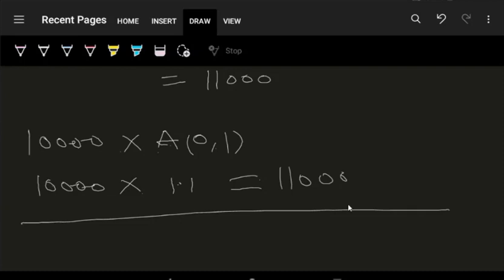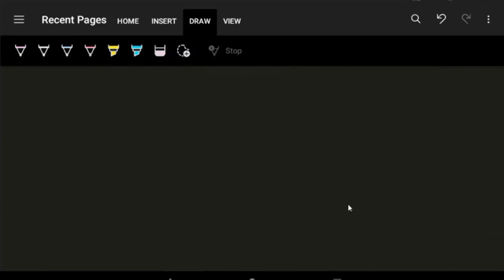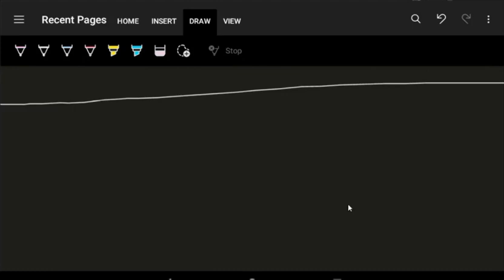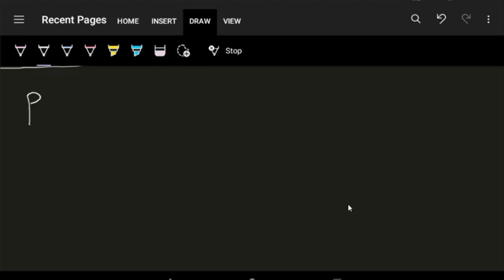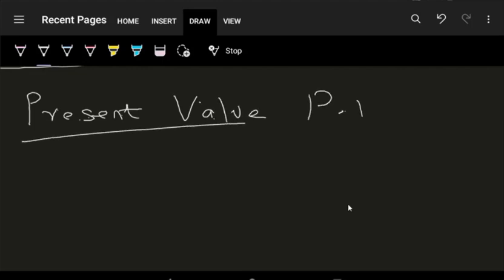Moving ahead, our next topic is present value, or in short called PV. As the name suggests, the present value of an amount A in the future is the value of A at a present time.